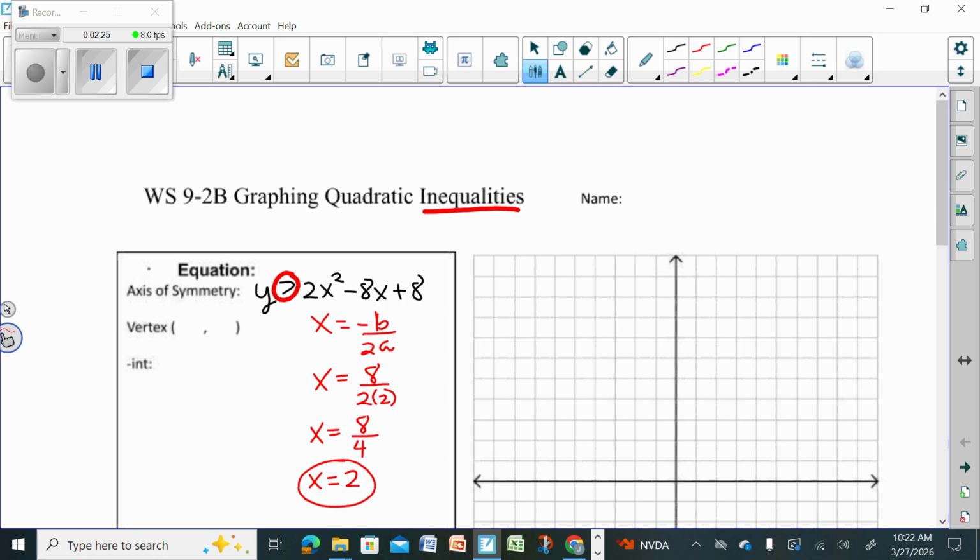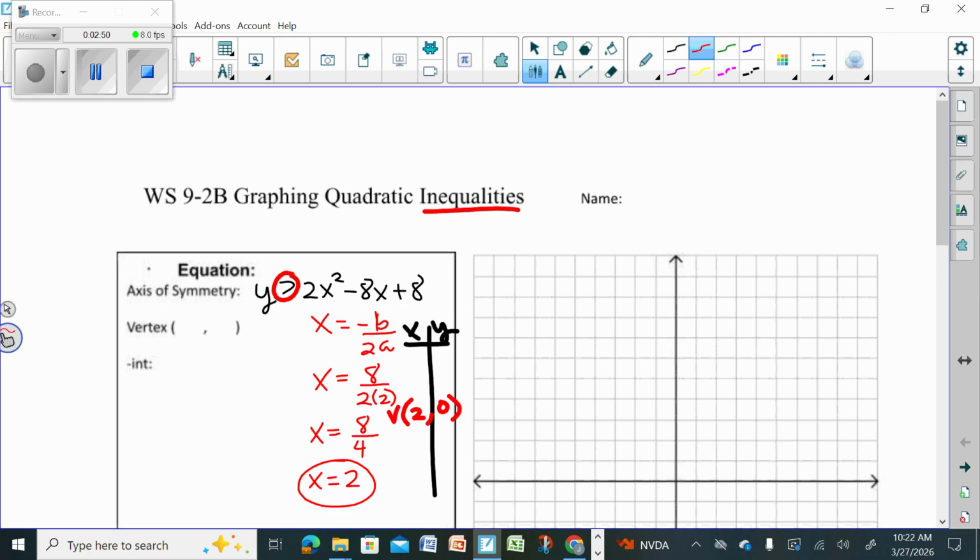So now we're going to make our table of values. So we're just going to come over to the side here. And my vertex is 2 something. Okay, and if you go to your table of values and find 2 and center it in your table, you're going to find out that I believe you get 0.